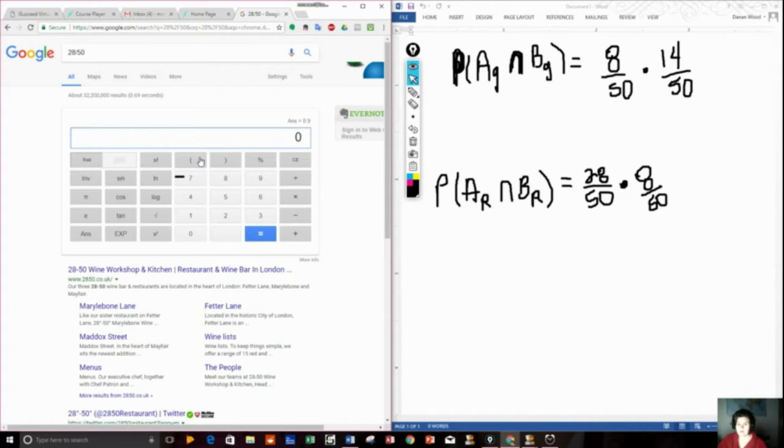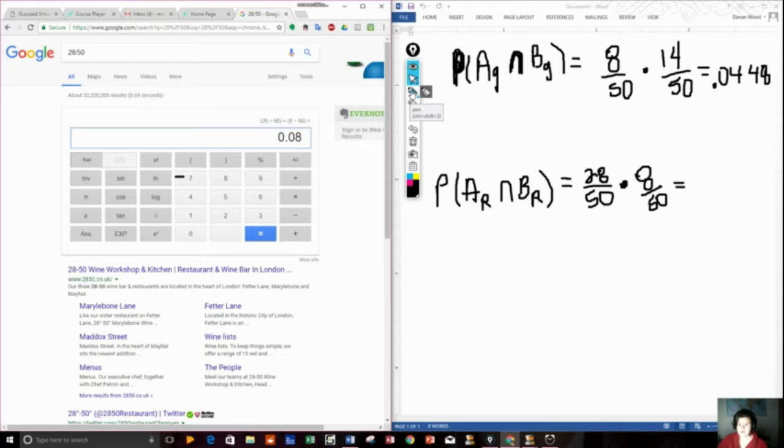So we have parentheses 8 divided by 50 times parentheses 14 divided by 50. That's going to equal 0.0448. This is going to equal 28 divided by 50 times 8 divided by 50.